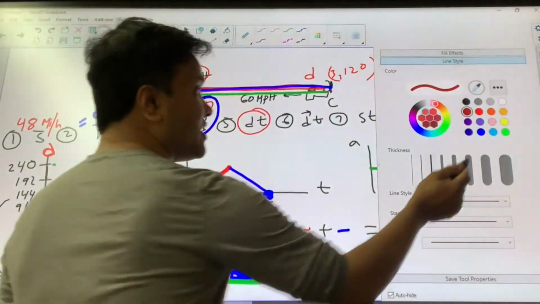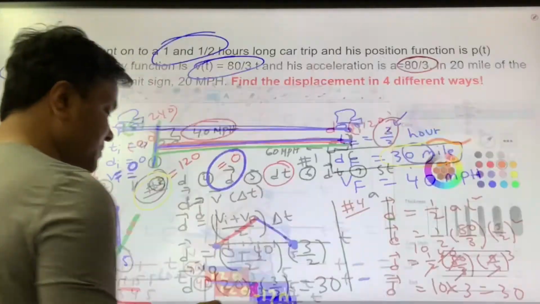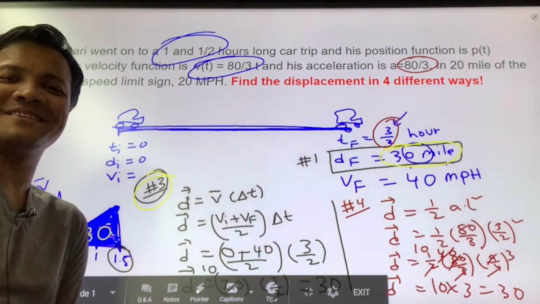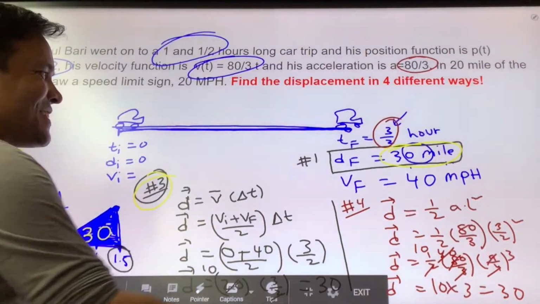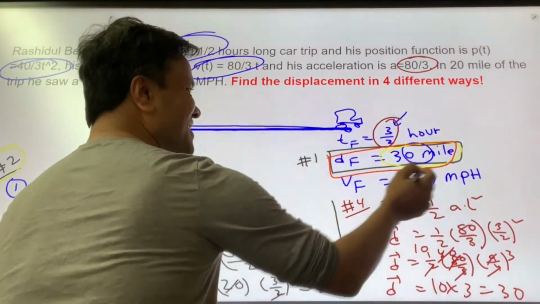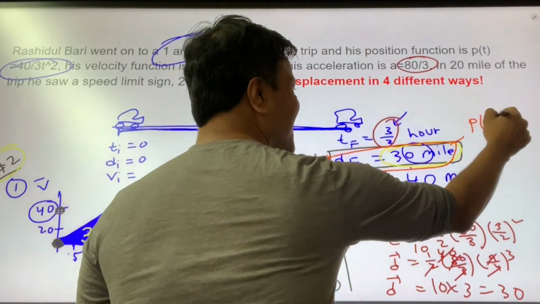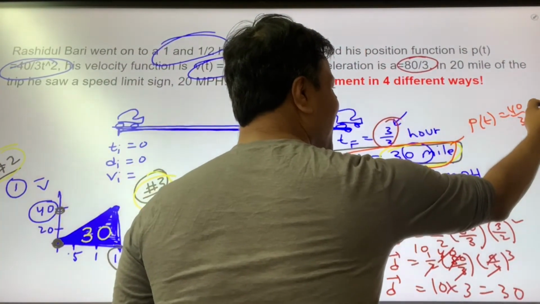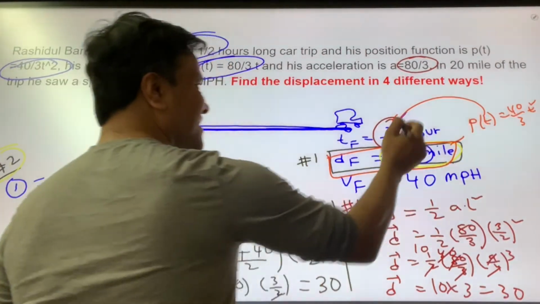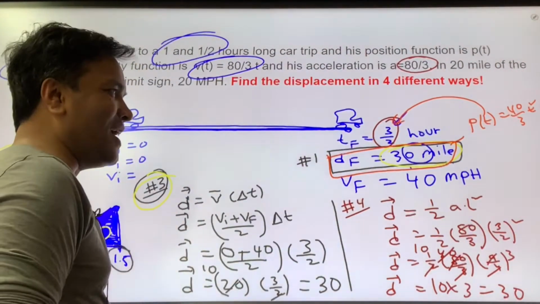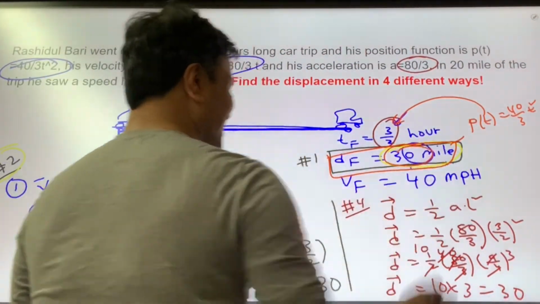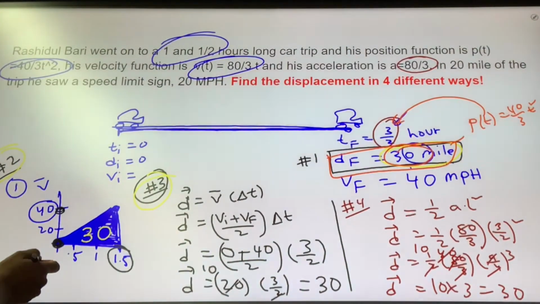Alright, so in this video I showed you how to calculate the displacement 4 different ways. In this way, I used the position function 40 over 3 t squared. I put in time 1.5 and that gave me 30. This way is the geometric way.